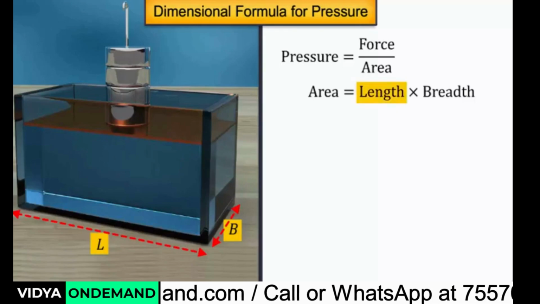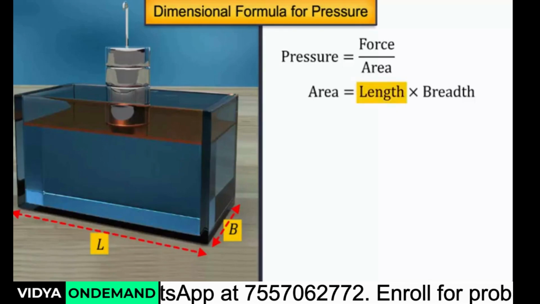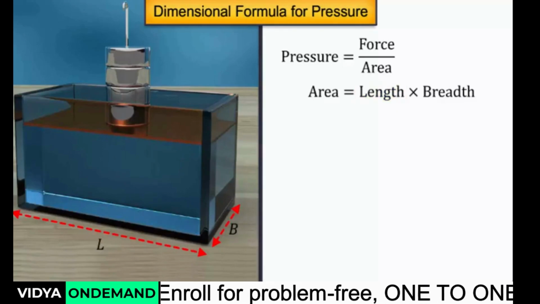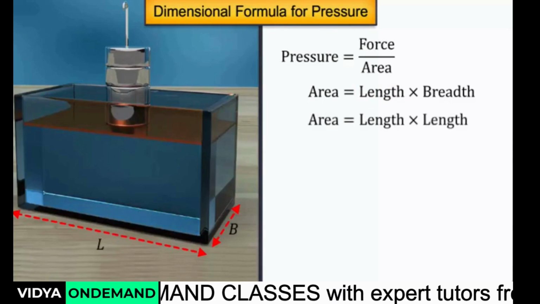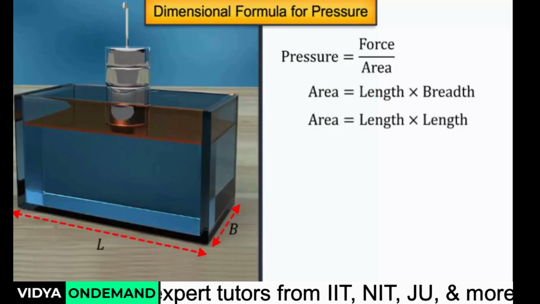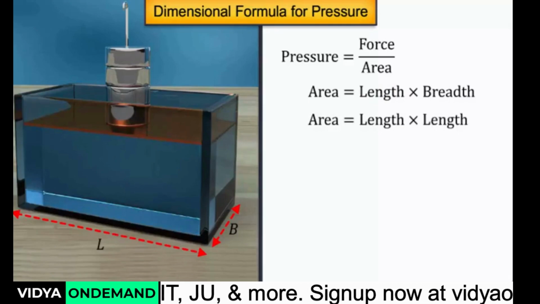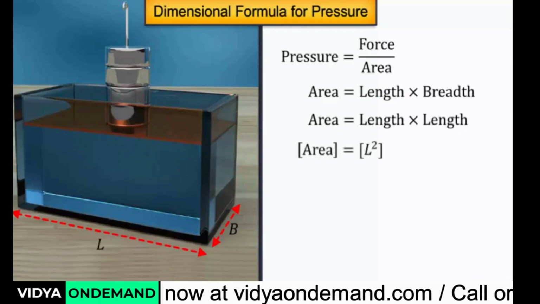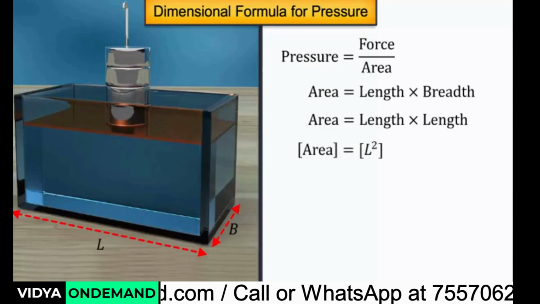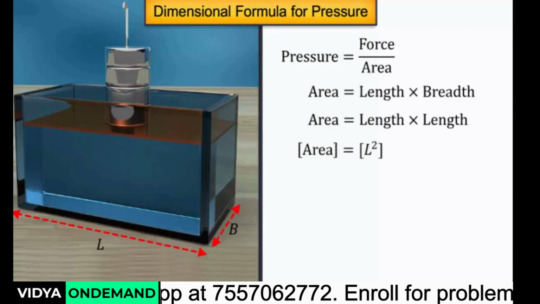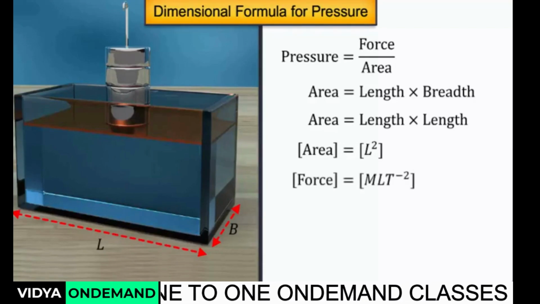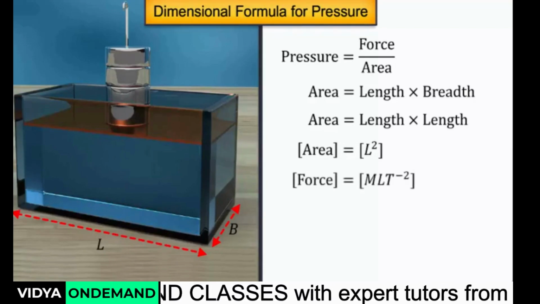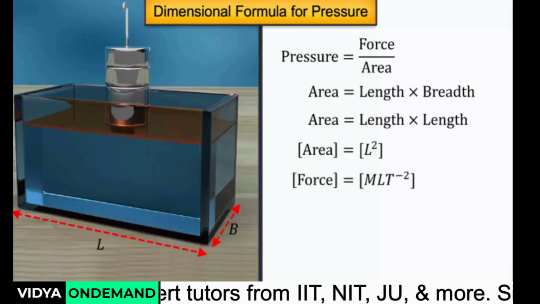Thus, area can be expressed as length squared, and hence its dimensional formula is L^2. We know that the dimensional formula of force is MLT^-2. Now, the dimensional formula of pressure is obtained as shown.